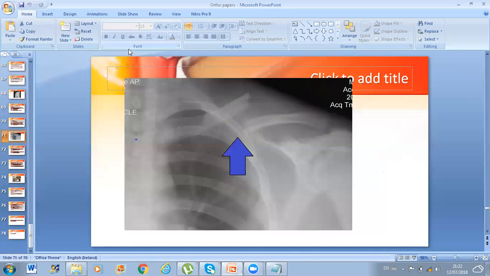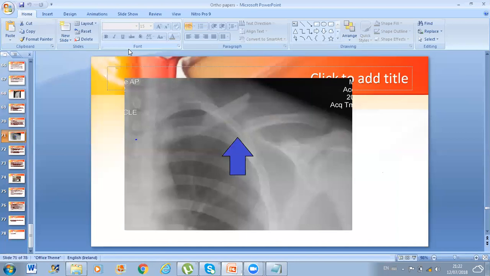Okay, yeah, very good. But what about a sportsman? Displacement or shortening of more than 2 centimeter, or comminuted fracture with more than 3 fragments. Okay, now let's refine this answer.